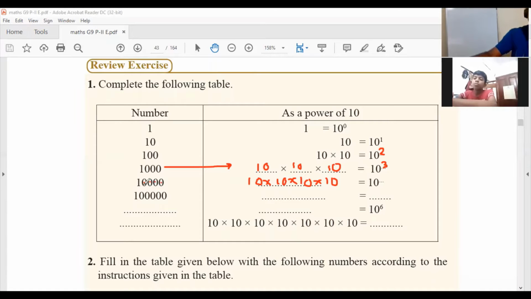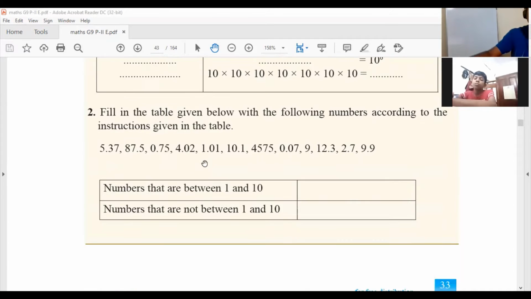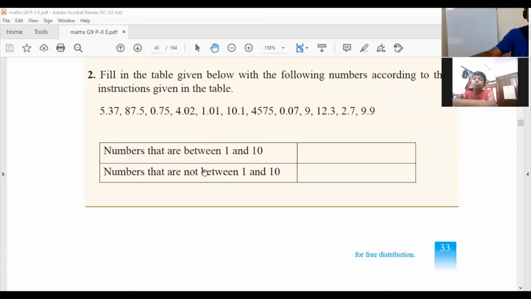If there are 4 zeros, 4 tens, then that means 10 to the power 4. This index is equal to the number of zeros, isn't it? Yes, sir. No need to do all of these, right? You got the method. Shall we move to the next question here?